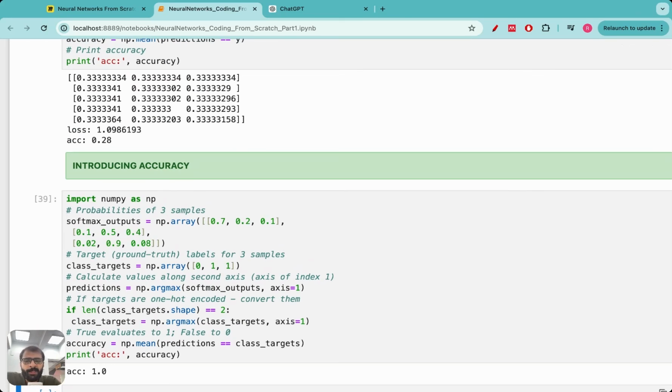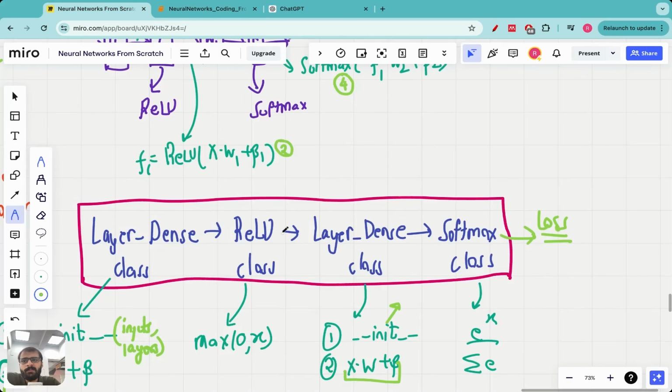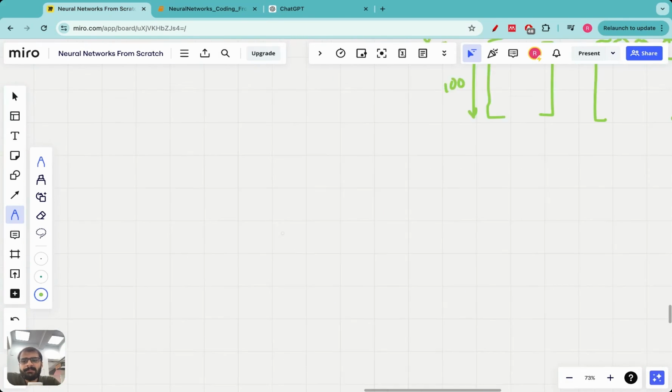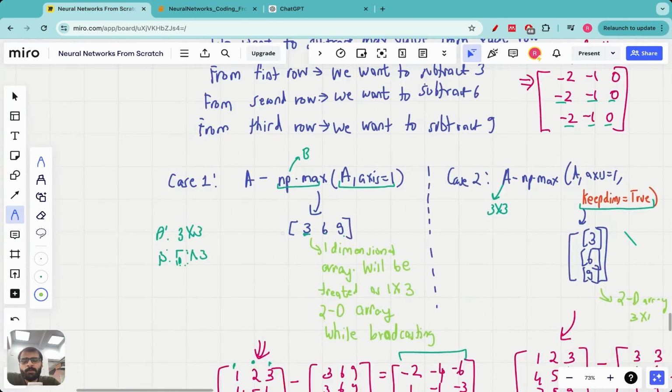Now I am going to introduce another metric which is used to measure the performance of our neural network, and that is called accuracy. Accuracy is a much simpler metric than categorical cross entropy loss, and it's very easy to calculate. Let me show you the output.